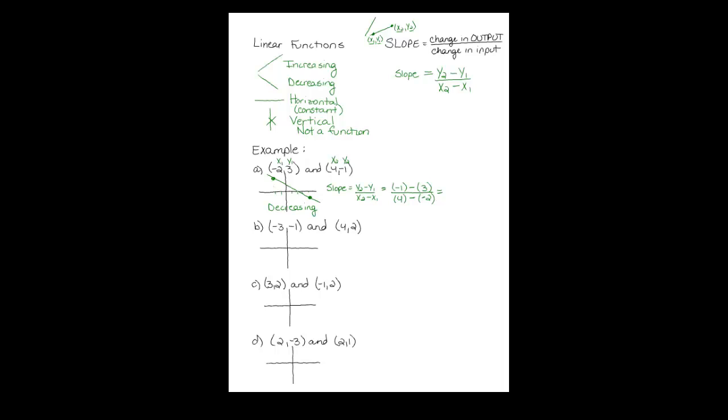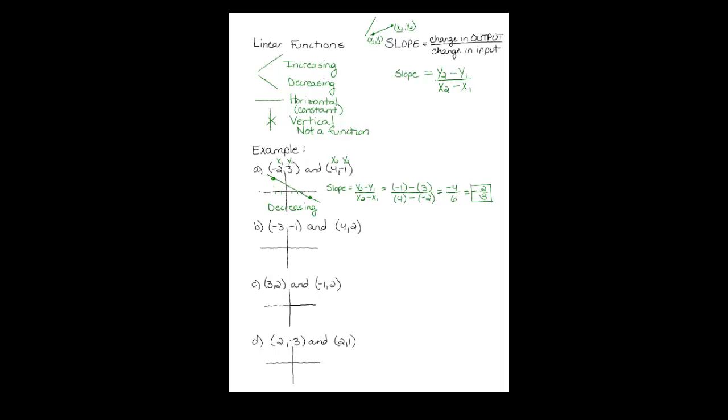Now that we have everything plugged in, we can go ahead and work it out. -1 minus 3 gives you -4 divided by 4 minus a negative 2 is a positive 6. At the end of this, we're always going to have a fraction, so you always want to see if you can reduce it. Negative 4/6 can be reduced to negative 2/3. So the slope of this line is negative 2/3.